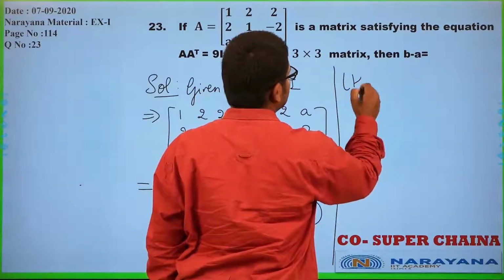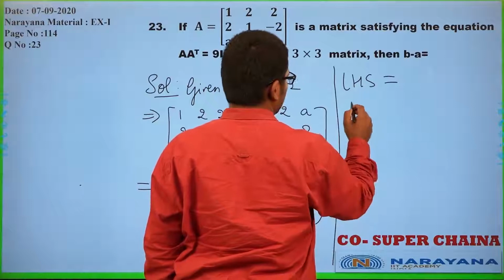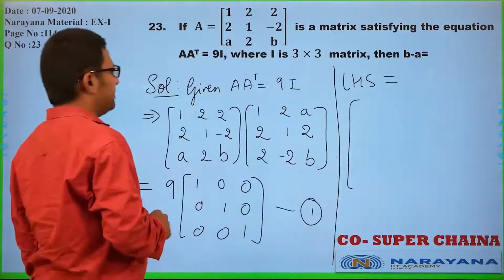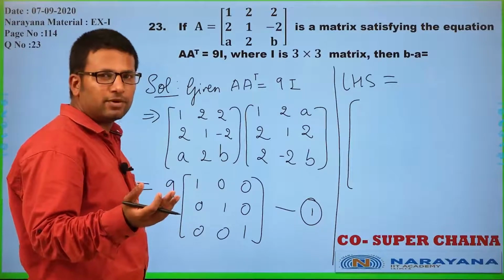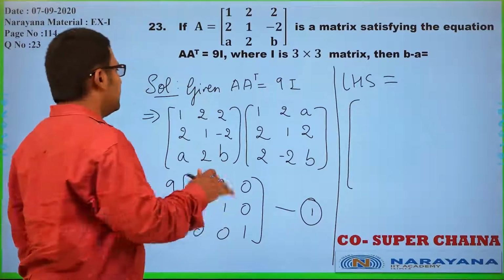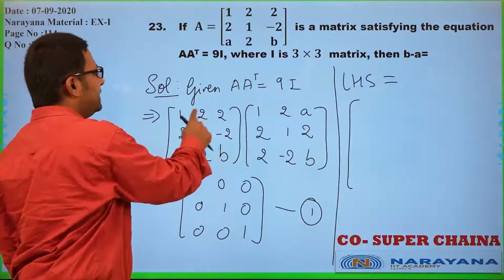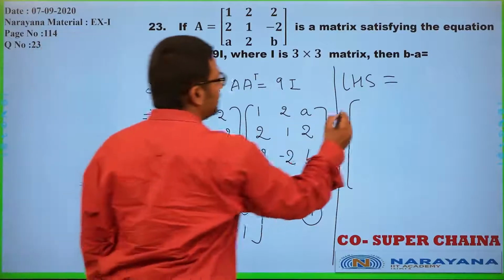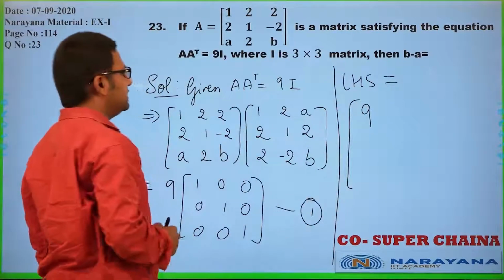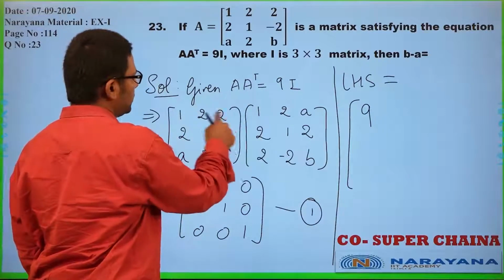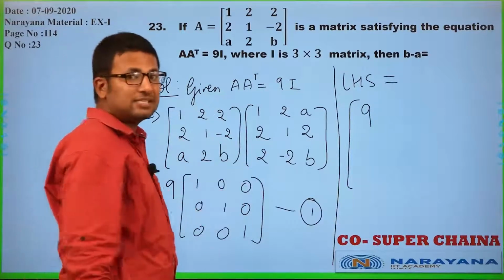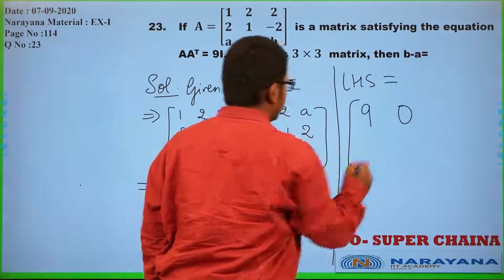So LHS is equal to, let us directly multiply this time, because I hope you are comfortable with multiplication by now. So 1 plus 4 plus 4, 9, right? Then 1 into 2, 2 plus 2 minus 4, which is 0, right?